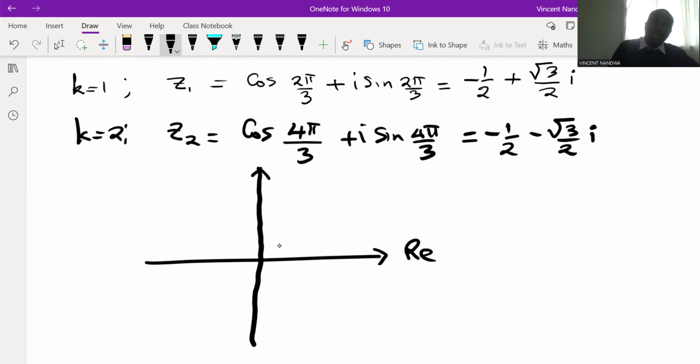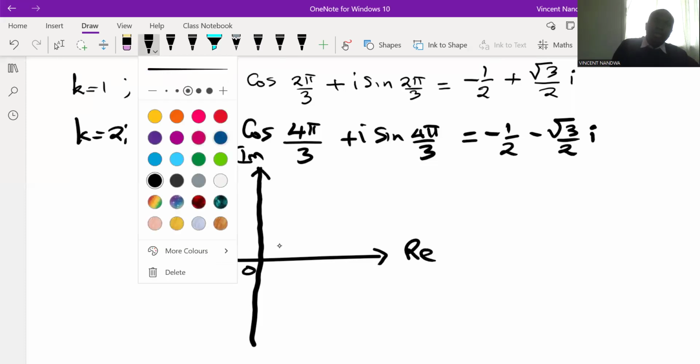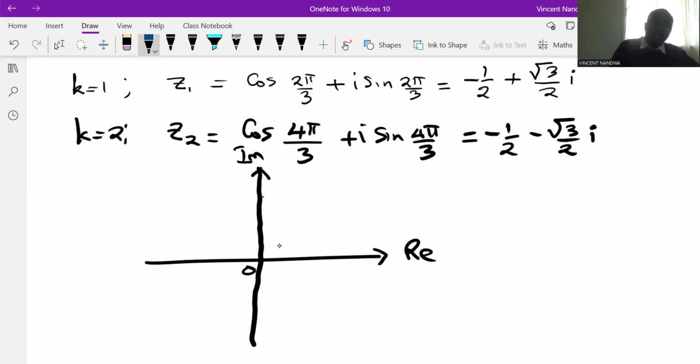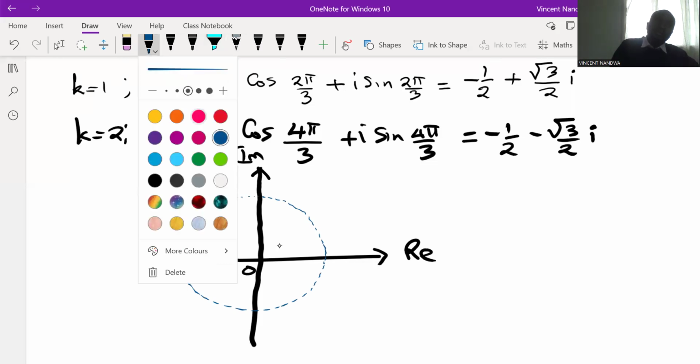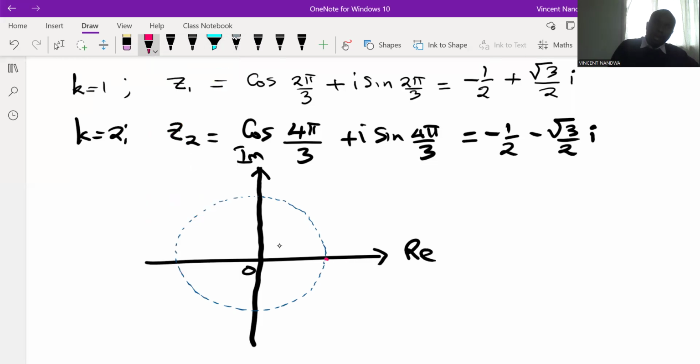So this is the real axis. This is the imaginary axis. This is 0. Then all these roots will be lying on a unit circle around this Argand diagram. This way I have 1, this way I have minus 1, this minus i, and this is positive i.